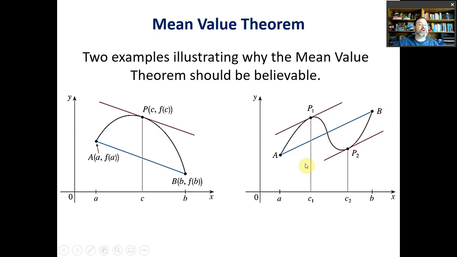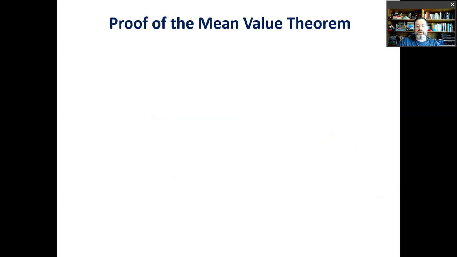So what we're going to do is we're going to prove the mean value theorem. It's a pretty hairy proof, so you just got to strap in and hang on, try to keep up. And then later on, we're going to use the mean value theorem to solve problems. And again, this mean value theorem is used a lot in calculus moving forward. All right.